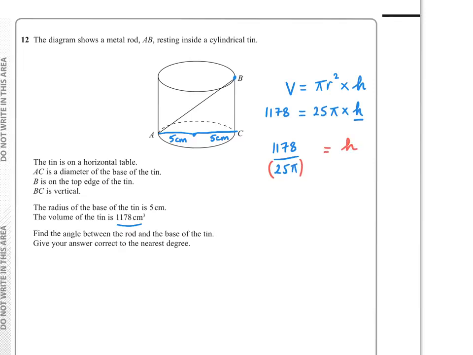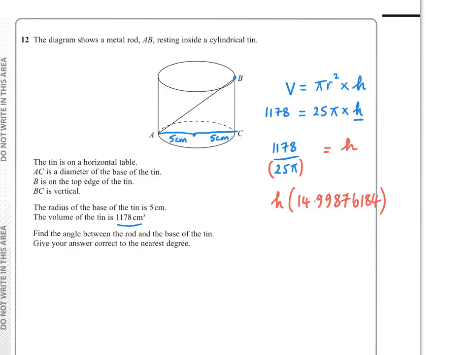So on the calculator, 1178 divided by brackets 25 pi, close bracket. And I get h here is 14.99876184, and that's in centimetres.